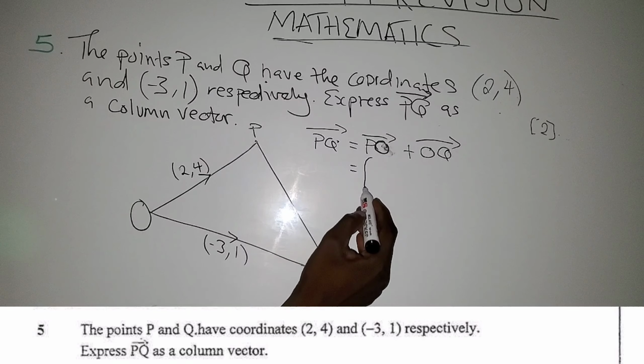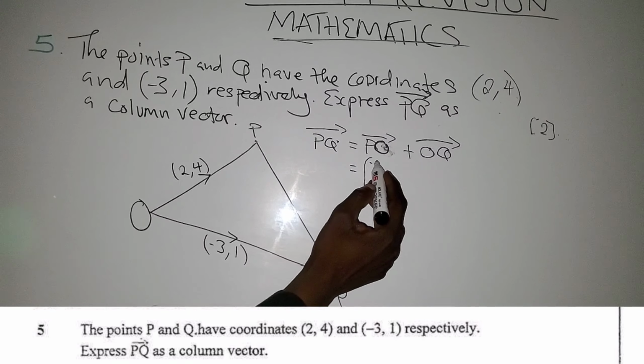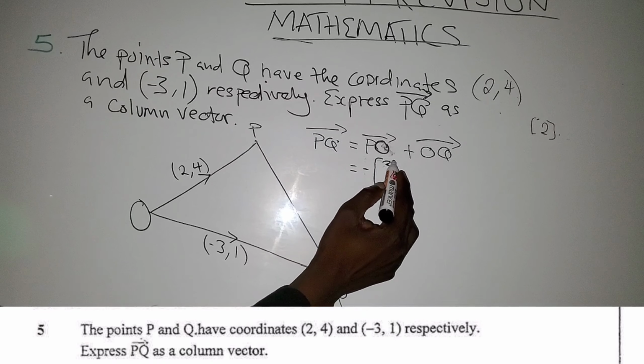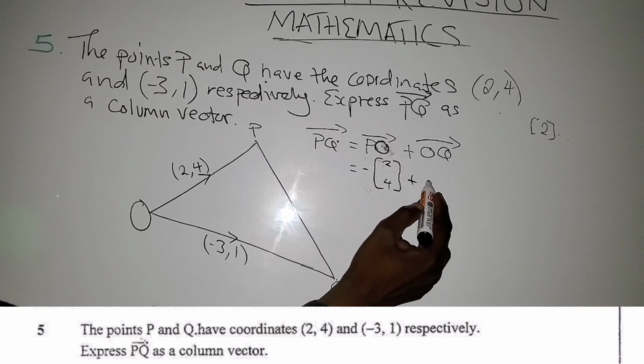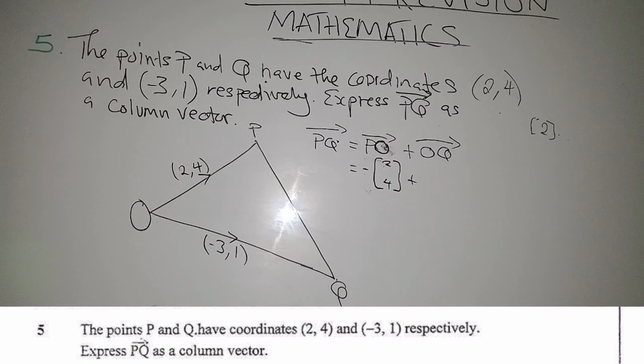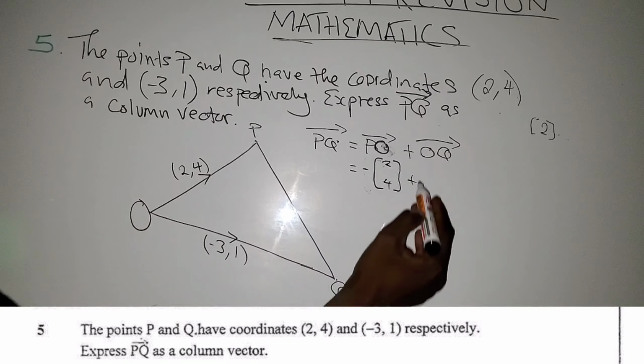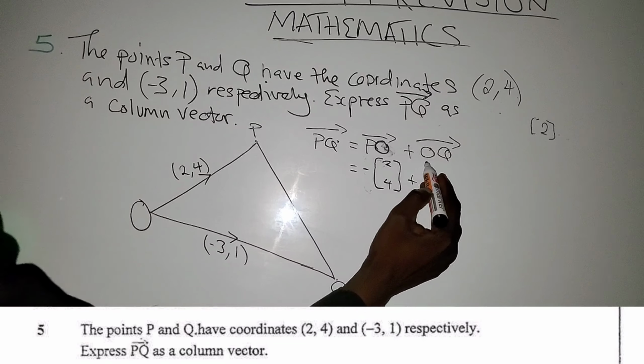Let me just write the column vector. It will be negative, open bracket, 2, 4, plus OQ. OQ is in the same direction of the vector, so we don't multiply with a negative. Just leave it where it is at -3, 1.